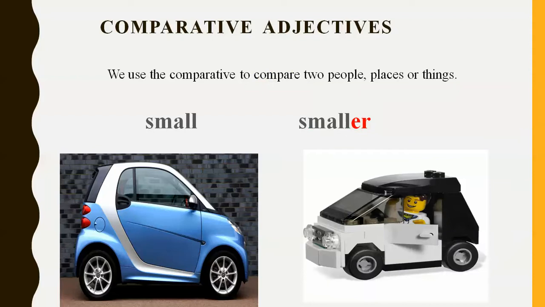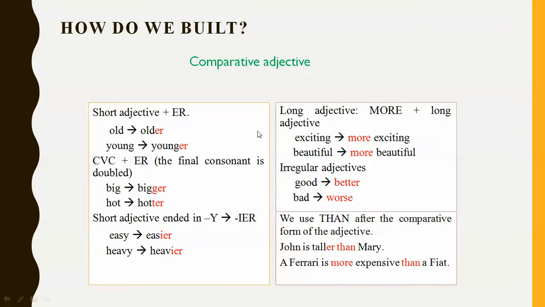Here we have small. Small is an adjective, a short one with one syllable, so we add er. For comparative adjectives we add er: old, older, young, younger.